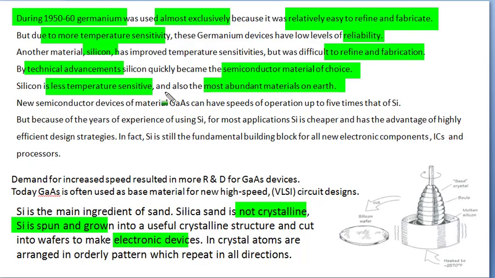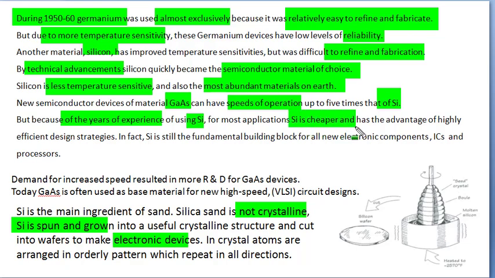Nowadays we have a new semiconductor material, GaAs, which can work at higher speeds, even 5 times more than that of silicon circuits. Since we have lots of years of experience of using silicon in our electronic devices, silicon technology is cheaper, and we have so many high energy efficient design strategies available in silicon circuits.